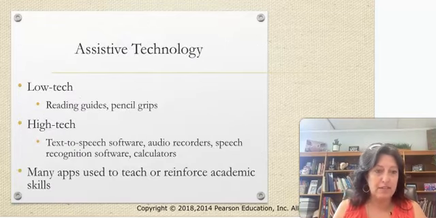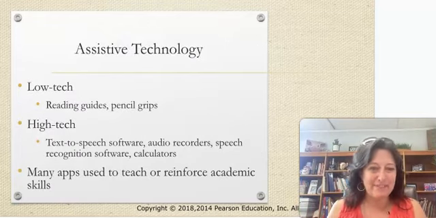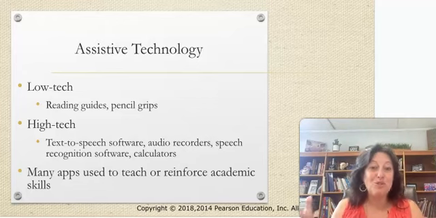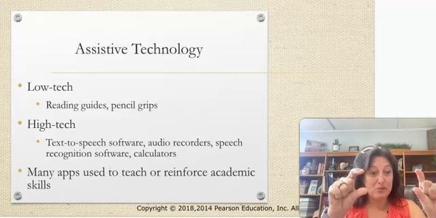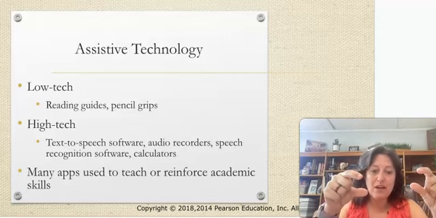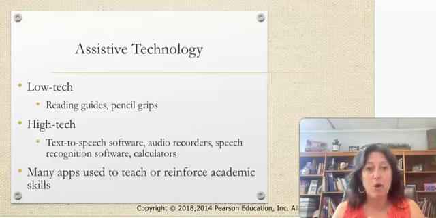Now, assistive technology can be a wide range. We've got things that are what we call low tech, so reading guides. If you've ever seen the colored strips of paper that you put over top of your words, all it does is change the background from a harsh black print on a white background to maybe a softer yellow or a pale blue. It just makes it easier for students to read.